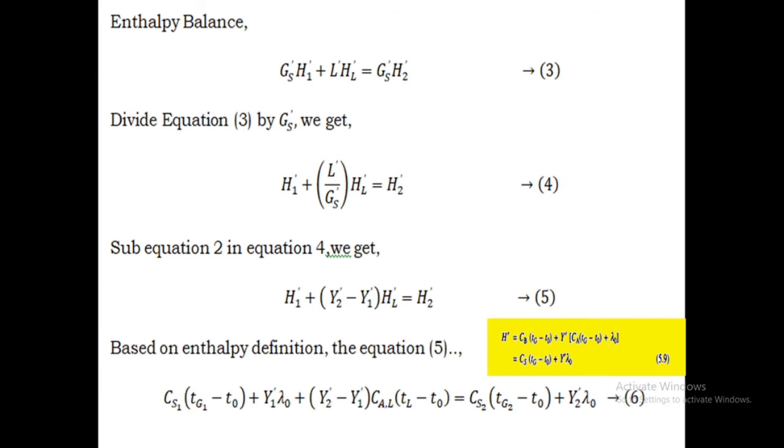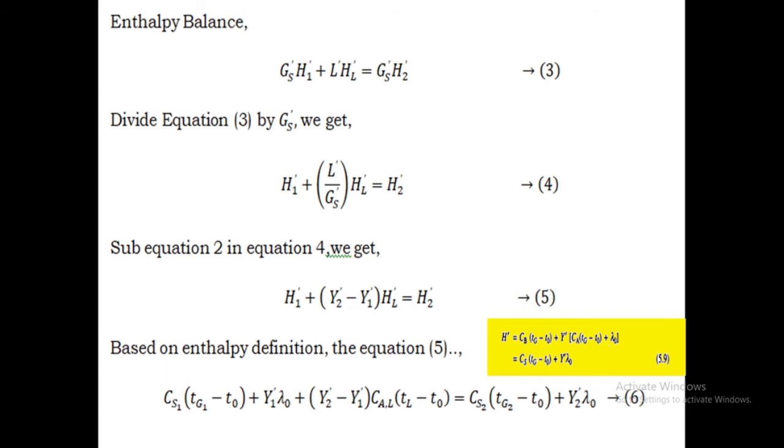At reference temperature T0, H' is equal to Cs into Tg minus T0 plus Y' into lambda naught. This equation is taken from the important terminologies used in humidification. Refer to my previous lecture. Okay, so here, come to the point. Our problem is based on the enthalpy definition, equation 5.